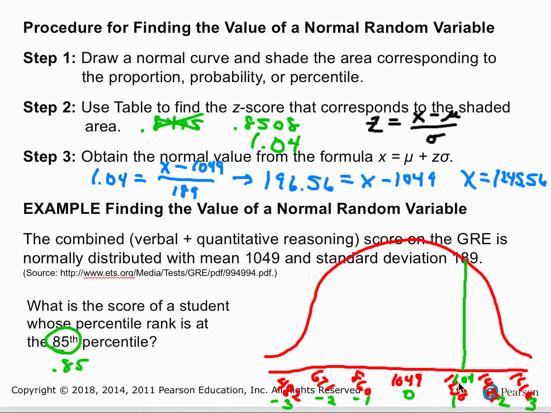Does that make sense? Yeah, I believe that. I trust that. That sounds good. Okay, so a person who scores 1246 on the GRE would rank in the 85th percentile. Okay?